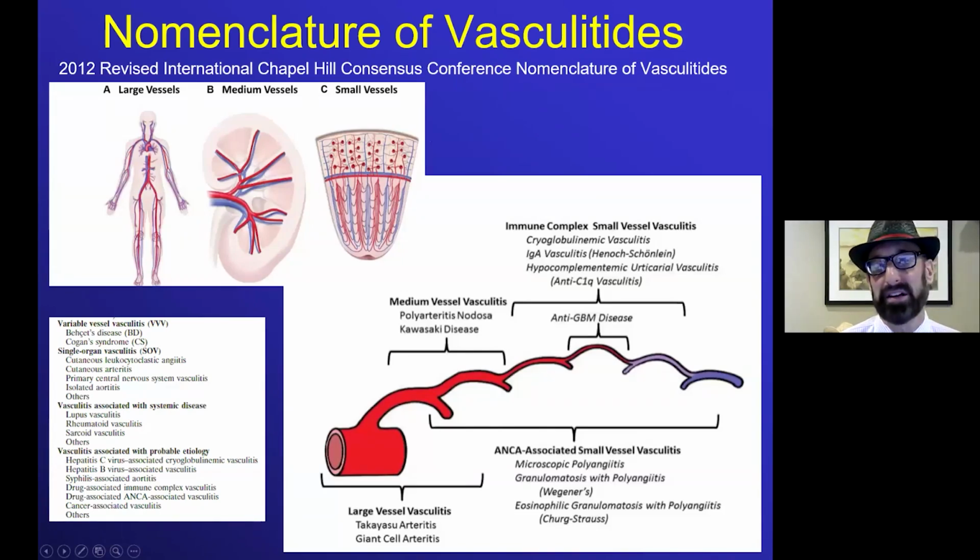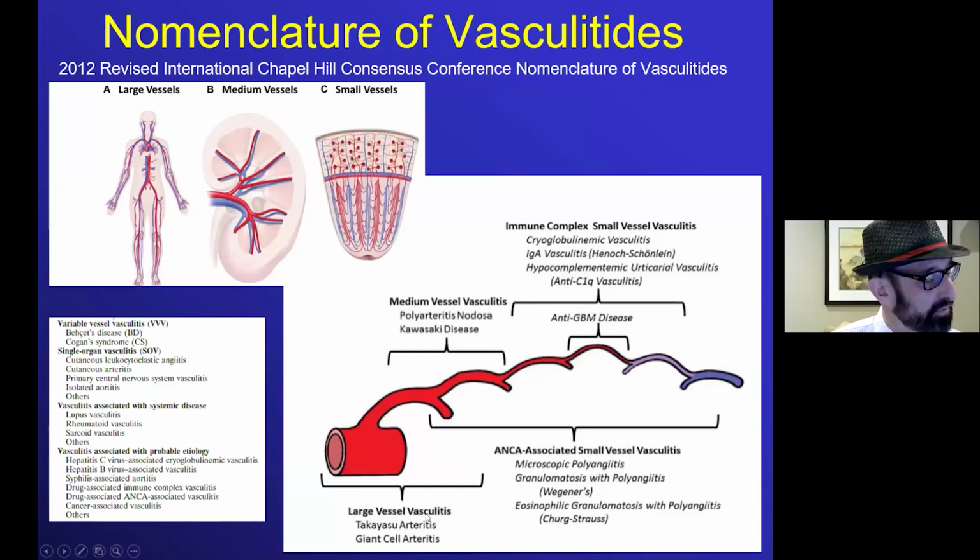So fortunately, the nomenclature for vasculitides was formalized at the 2012 International Chapel Hill Consensus Conference on Vasculitides. And effectively, instead of going with a lot of different infectious, inflammatory, and autoimmune disorders, the way they decided to organize the vasculitides is by the size of the vessel that is involved.